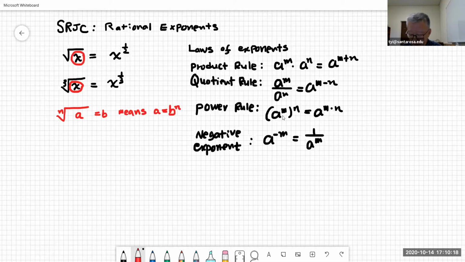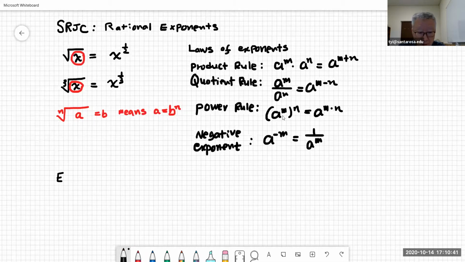So let's look at a couple of examples here.